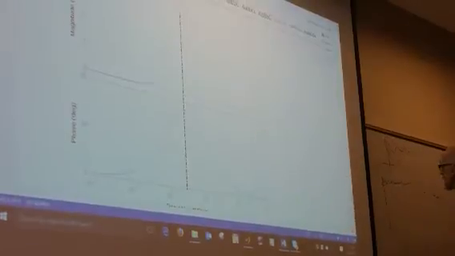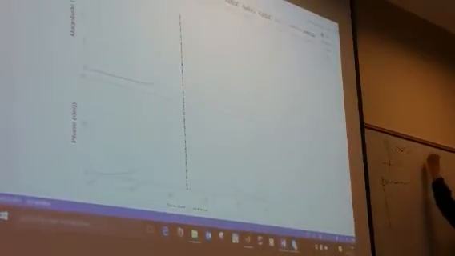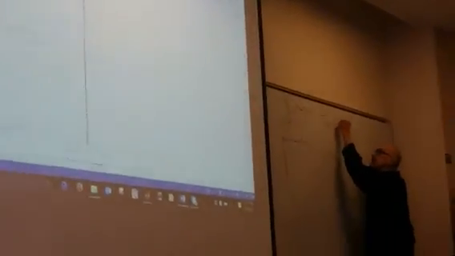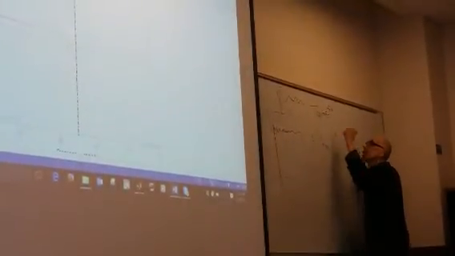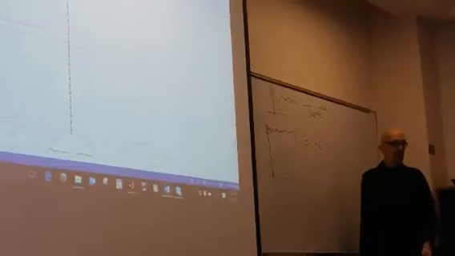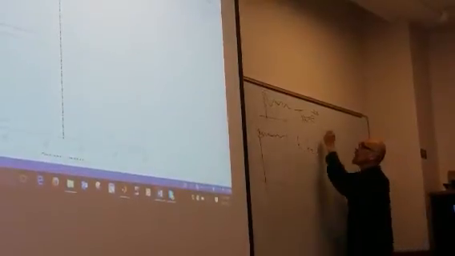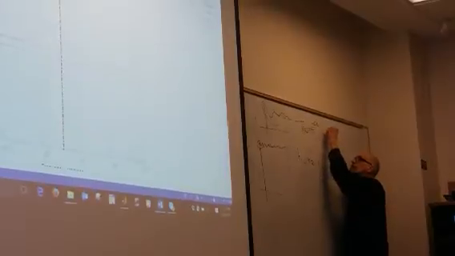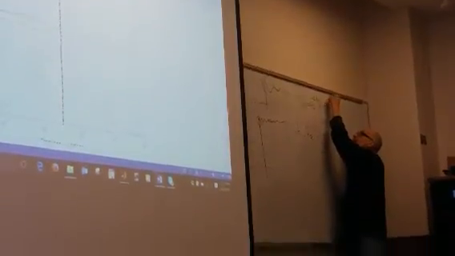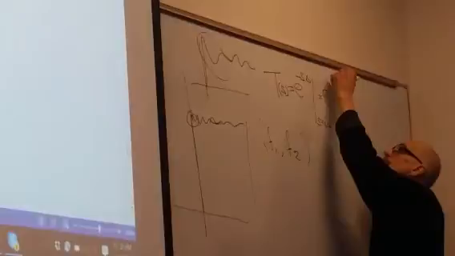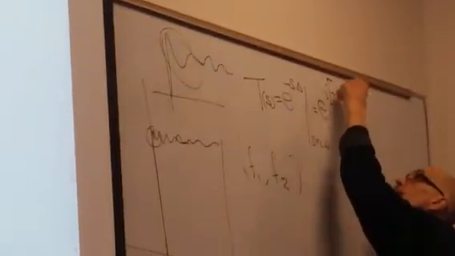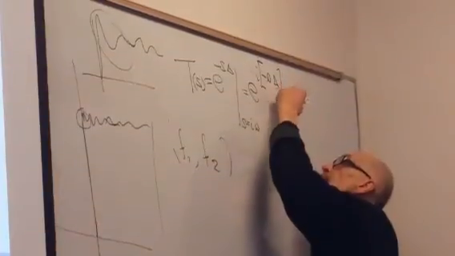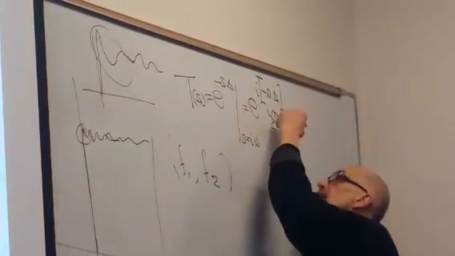A time delay is this. T of S, the transfer function of the time delay, is e to the minus s delta, where delta is the amount of the delay. So when you put s equals I omega, you get e to the minus I omega delta. This is your theta of omega, isn't it?